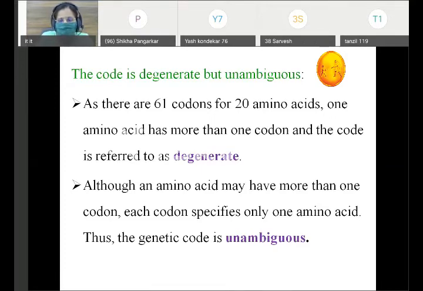The same codon cannot specify another amino acid. So a codon is very specific for a single amino acid. It is called unambiguous. There is no confusion in it that a codon represents a single amino acid. Is it clear to you?